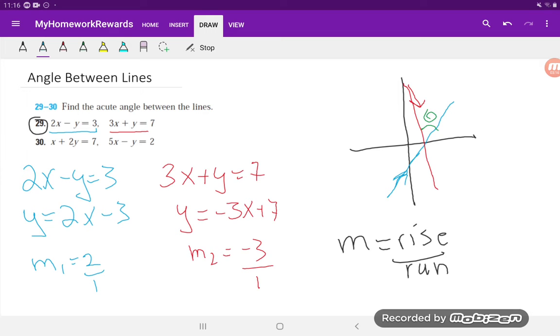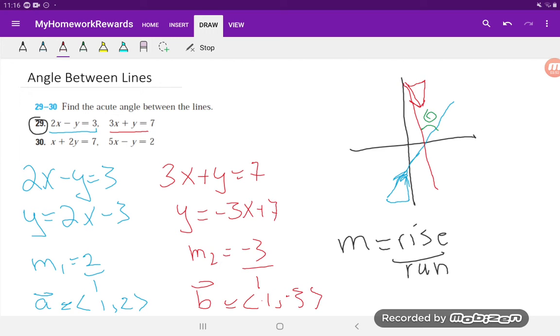So what that means is that for a run of 1 and a rise of 2, we get our slope. So we can call this vector A equal to 1, 2. We move 1 in the x direction and 2 up in the y direction. And for the vector over here, we move 1 in the x and then down 3 in the y. So that means that we can say vector B is equal to 1 and minus 3.